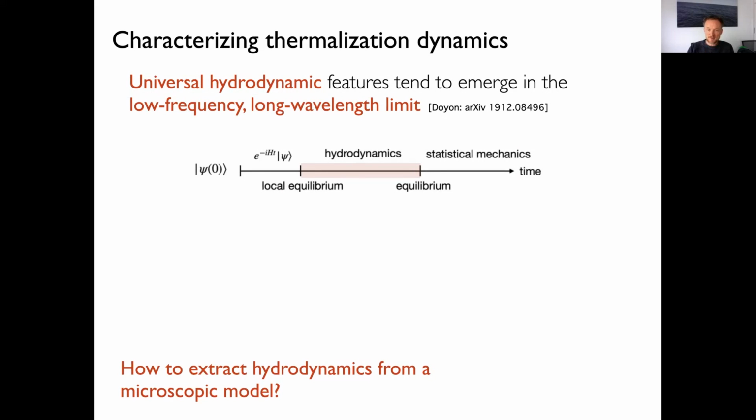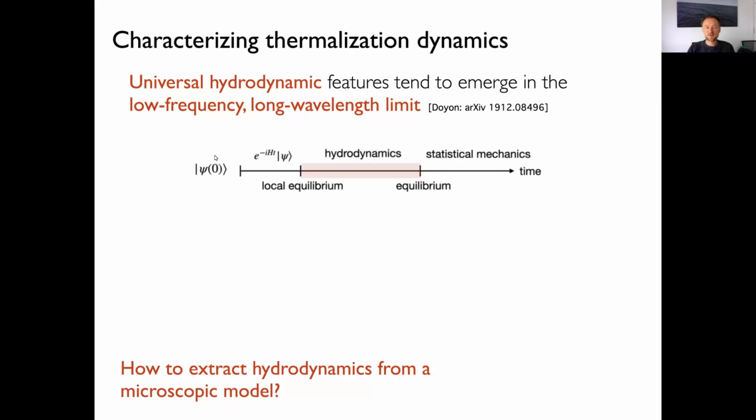So let me start off by motivating this project, or motivating a little bit why we were interested in this. And I think this will be a very easy pitch given the audience. The kind of problem we are interested in is to extract universal hydrodynamic features starting from microscopic Hamiltonians.